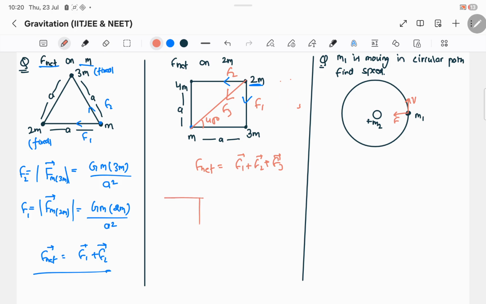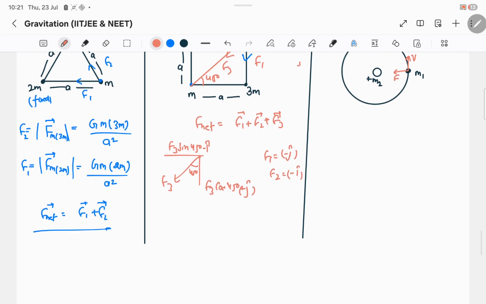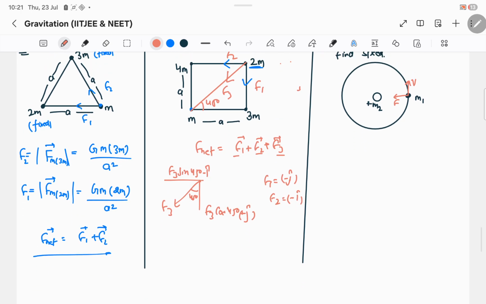If F3 is like this and this is 45, you can say F3 cos 45 and this is F3 sin 45. This will be in minus i cap, this will be in minus j cap. And for F1 you can write this will be in minus j cap, and F2 will be in minus i cap. Then you can add the vectors, writing the F1 value, F2 value and F3.